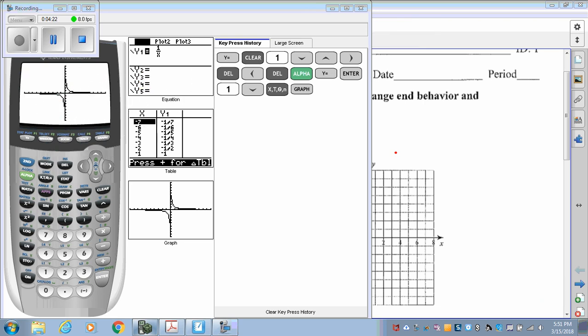So let's erase this so we can actually see what's going on here. If I start at 0 and I head towards negative infinity, notice my function is approaching 0. The line, this is where y equals 0. And then as my x's are approaching positive infinity, it's also approaching 0.